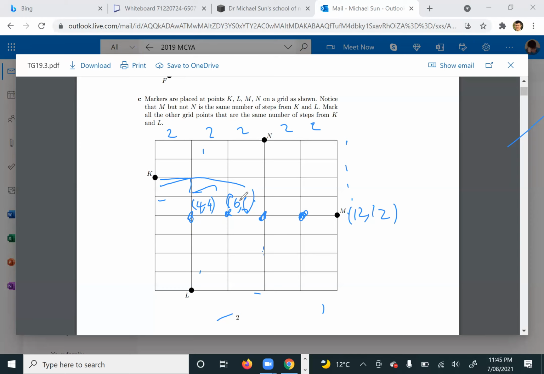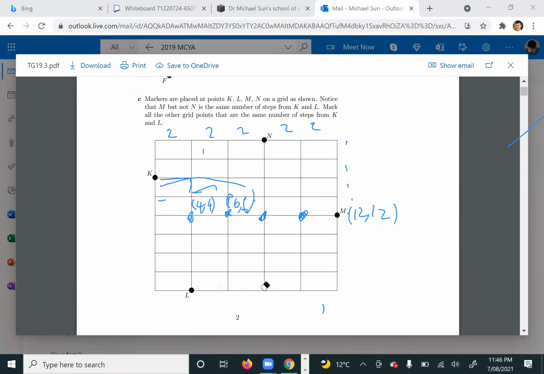So it's 8 steps away. And for this one it's 2, 2, 2, then 4 plus 6 is 10.